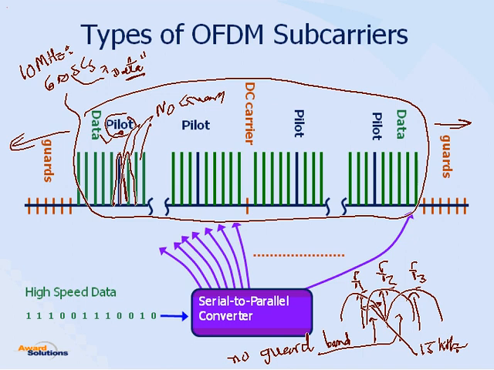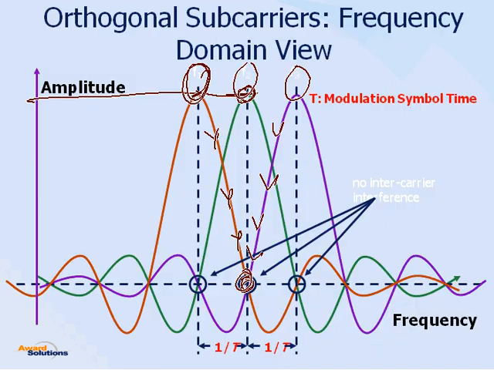If I go back here, you see the signal, right? It's going. So there is energy. There is no guard. In fact, there is significant overlap. If I had guard, it would show up something like that.